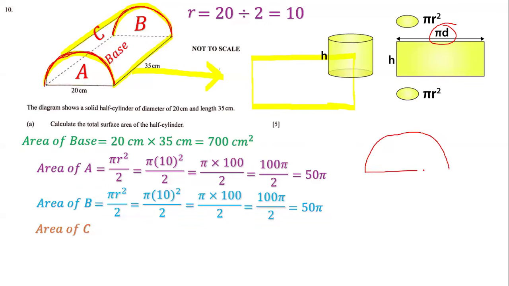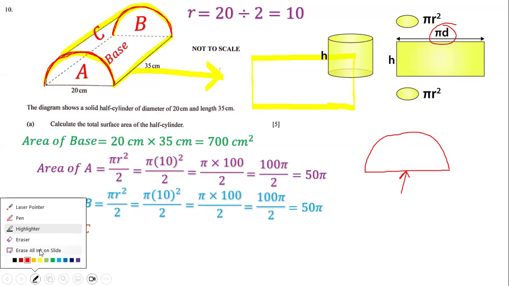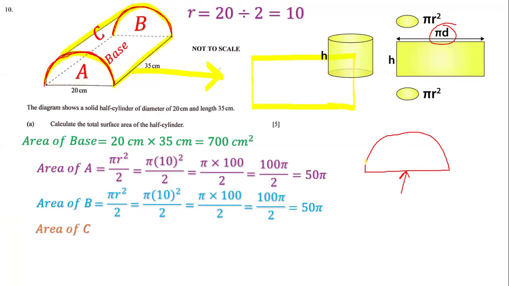We do not include this particular portion. We just want the curved portion. So if we want the curved portion of the semicircle, let me use a highlight. What we're trying to focus on is the curved portion of the semicircle. That's all we're trying to figure out. What's the curved portion of a semicircle?